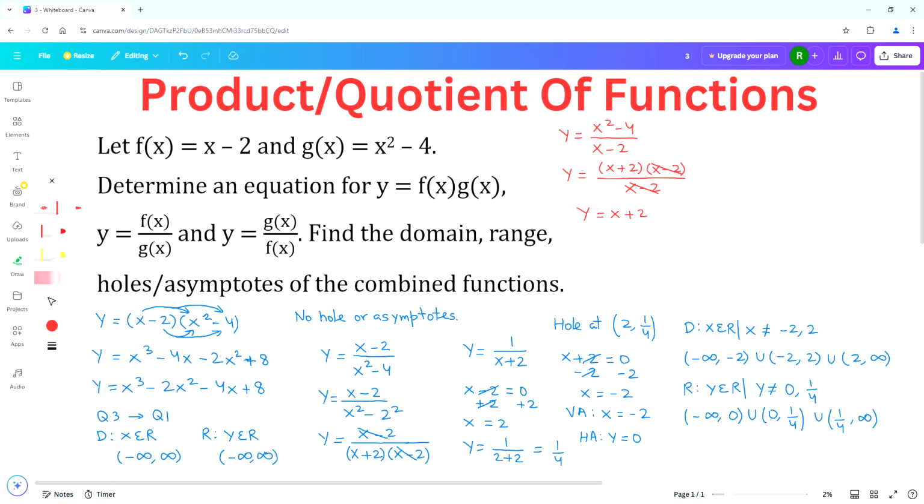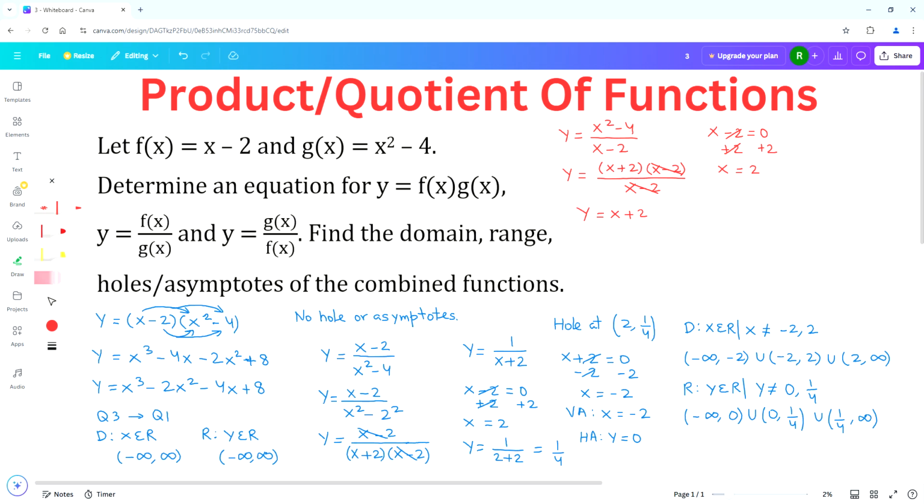The function y = g(x) over f(x) has a hole because we got a common factor in the numerator and denominator. The hole is at x = 2.